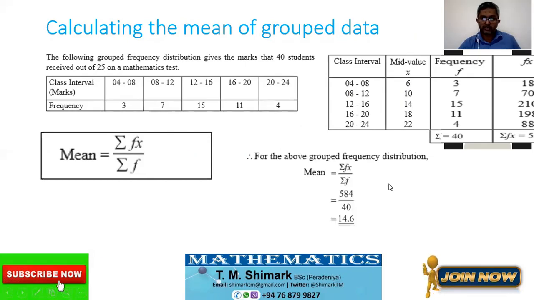So the addition of fx is 584, divided by the total number of students, 40. So the mean here is 14.6, right? This symbol we call sigma, that means sum.